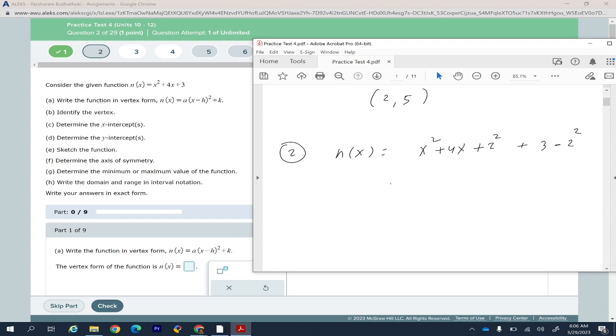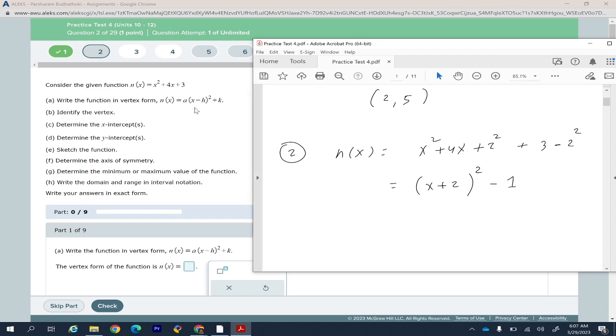By doing that, for the first 3 terms, you can write x plus 2 whole squared. That's called completing the square. Either you write x squared plus 4x plus 2 squared, or you write x plus 2 whole squared. That's the same thing. You do the calculation here, which is 3 minus 4, so it's eventually negative 1.